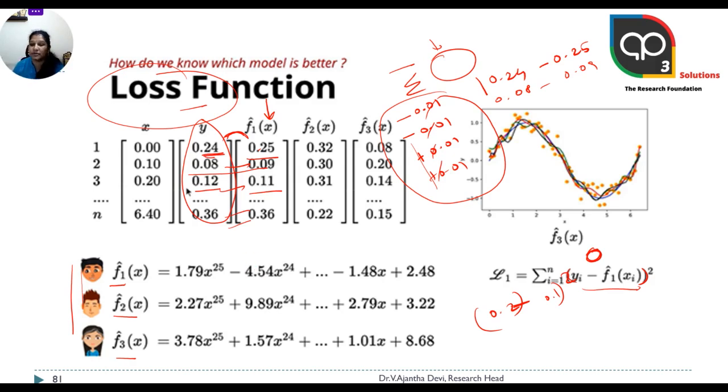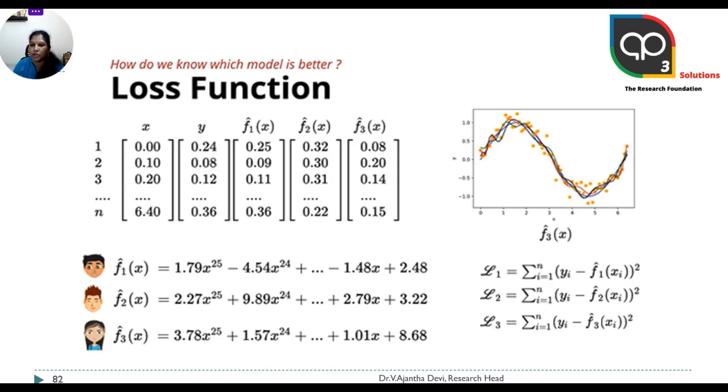Now, computing this will get me a number, and I look at this number for this L1, for the first friend's output. I take a look at the second friend and call it L2, and the third one I call L3.